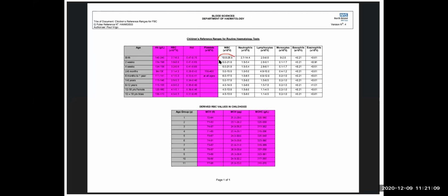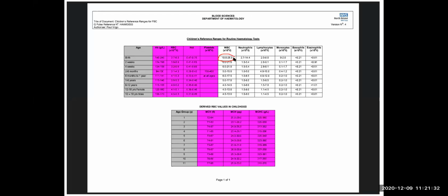See, look at this. It is 10 to 26, multiplied by 10 to the power 9 per liter. So it is 10,000 to 26,000 WBC per microliter. So WBC count is also very high at the time of birth.